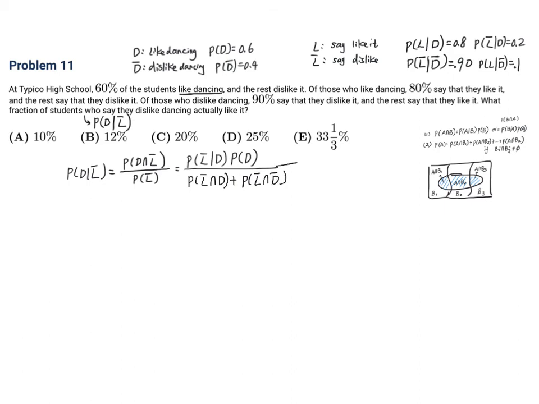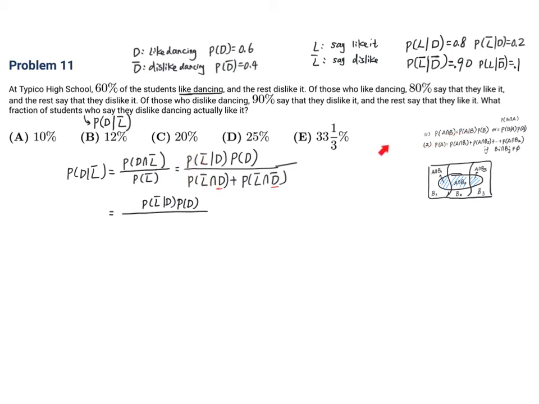The reason is that D and D bar are mutually exclusive, and the union of D and D bar makes up the whole sample space: like dancing and dislike dancing make up all possibilities. Now let's continue. This is the probability of L bar given D times the probability of D, and for the bottom one we just repeat the idea.